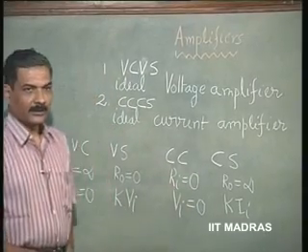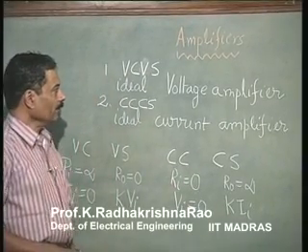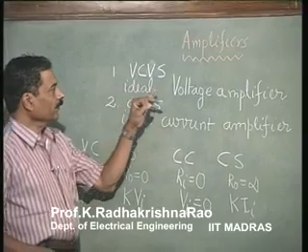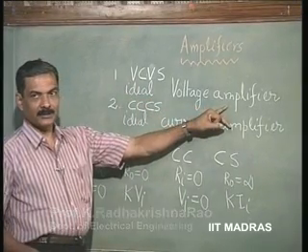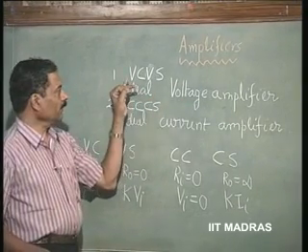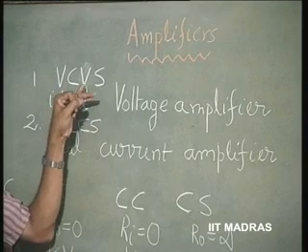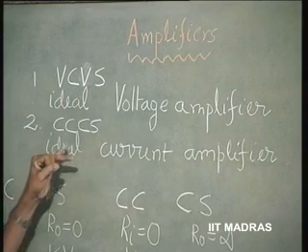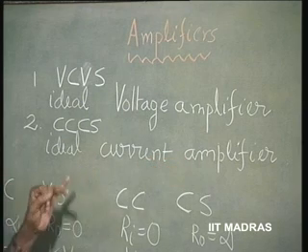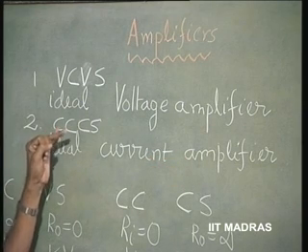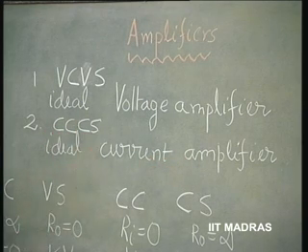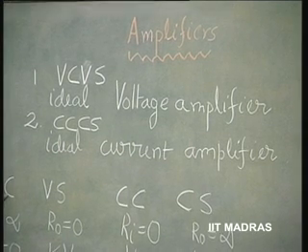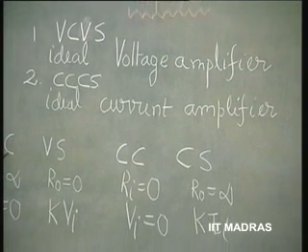In the last class, we learnt about the ideal voltage amplifier, which we call a voltage controlled voltage source. The ideal current amplifier, then, is nothing but a current controlled current source. We learned what is meant by voltage control and current control.